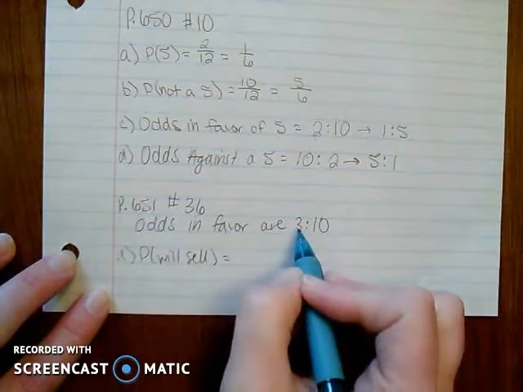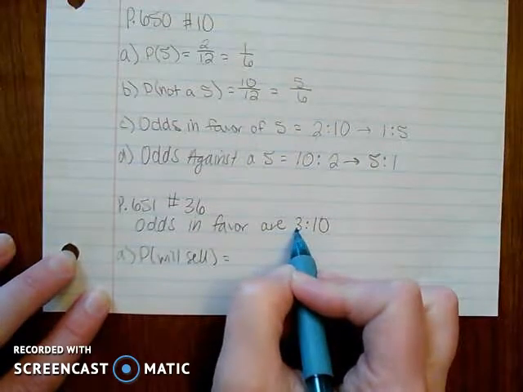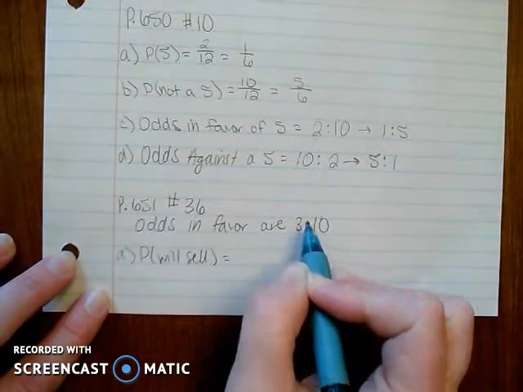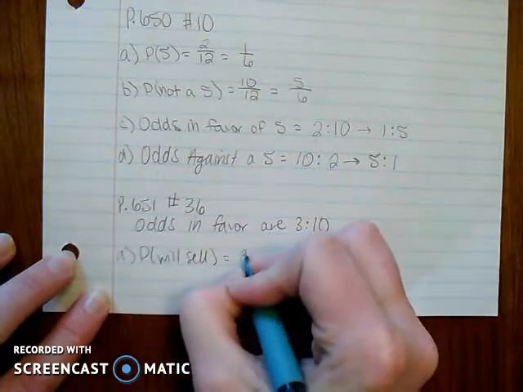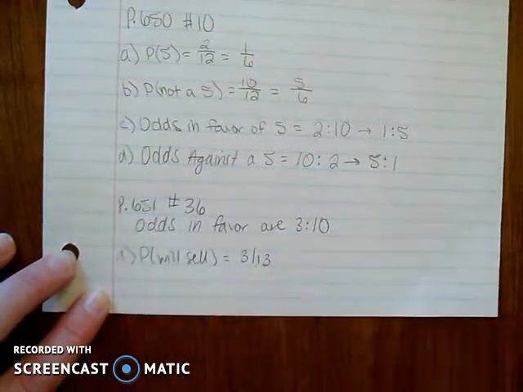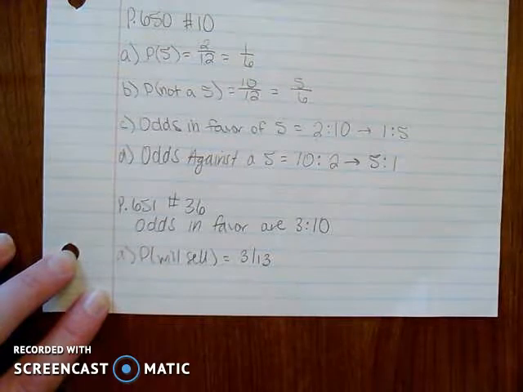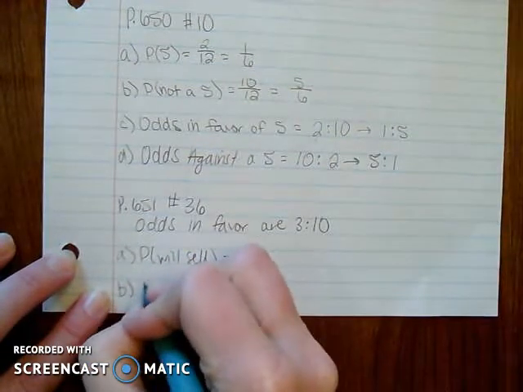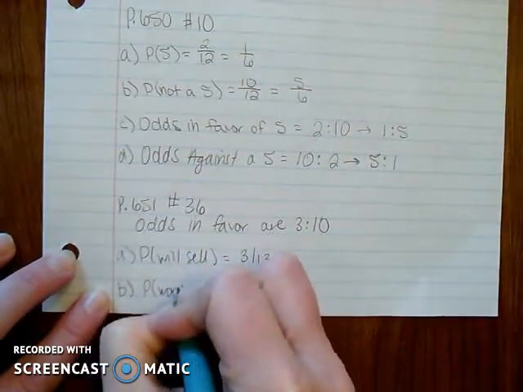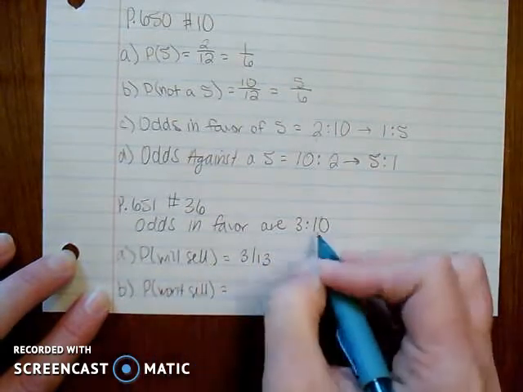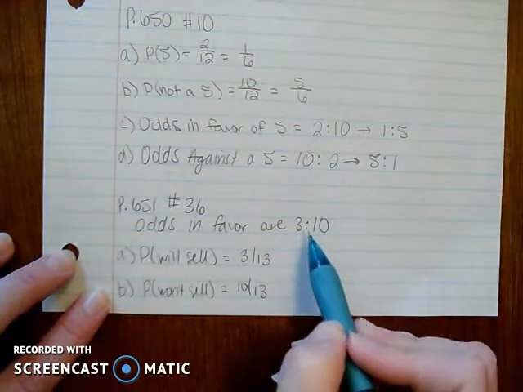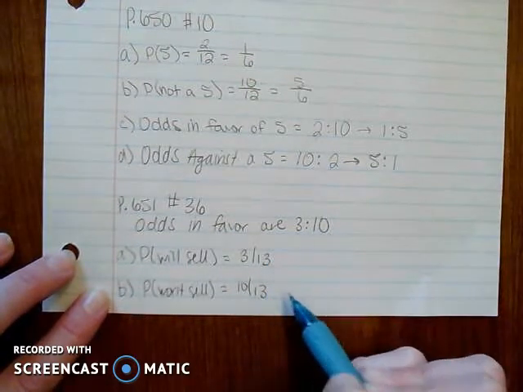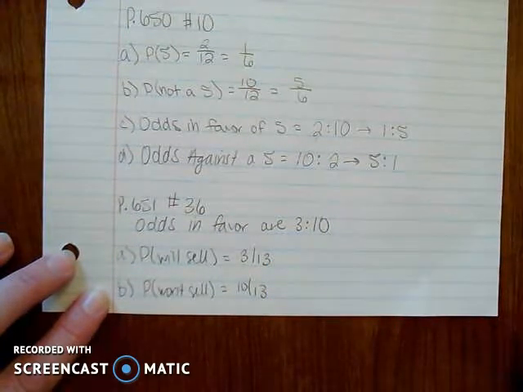Okay, so in favor means 3 that he will do it and 10 that he won't. Will and won't. But probability then would be 3 out of the total, which is 13. Part B, probability that he won't sell, will, won't, 10 out of 13. So if they give you the odds, you just need to add them together to get your denominator.